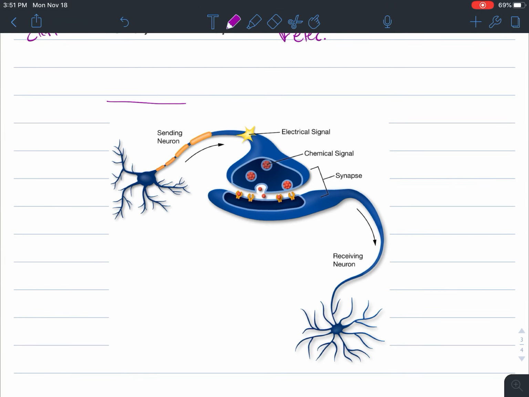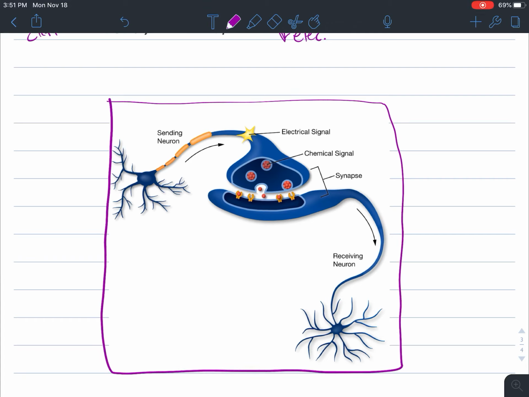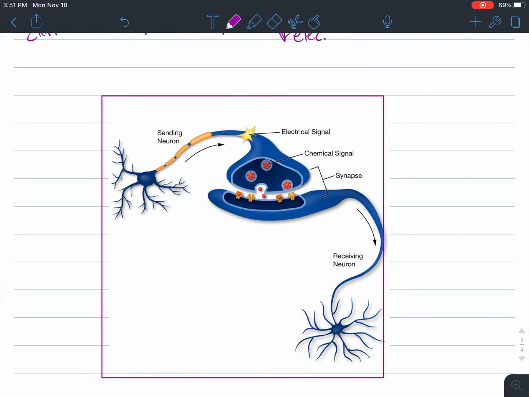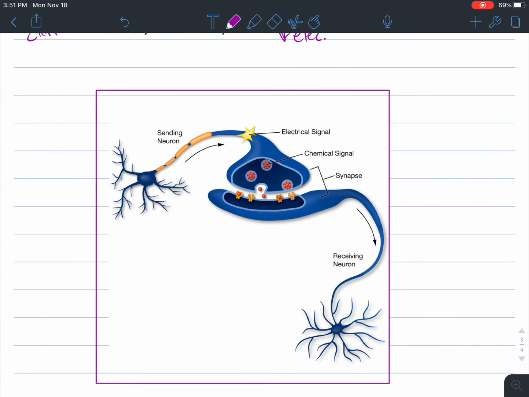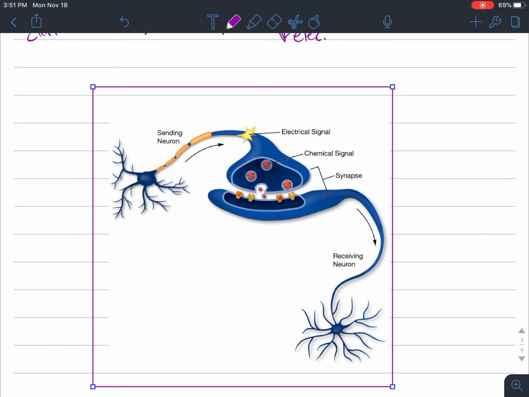So what you need to do is go grab one of these extra pieces of paper that you're going to tape into your science notebook, because this is going to be your visual. What happens here is we have an electrical signal that starts.